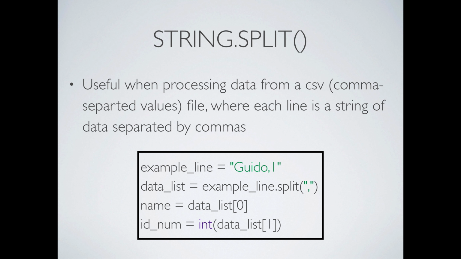You'll note here that I also went ahead and converted that ID number to an integer, because everything that we're going to be reading from files is going to be a string. So this is a good time, when you're already splitting up the individual pieces of data from the list, to convert them to different types if you need to, such as integers or floating point values.